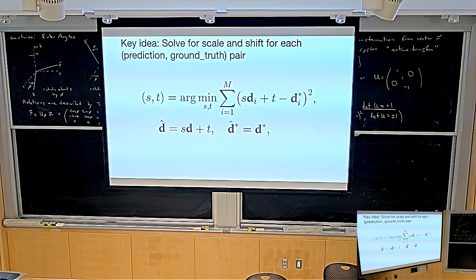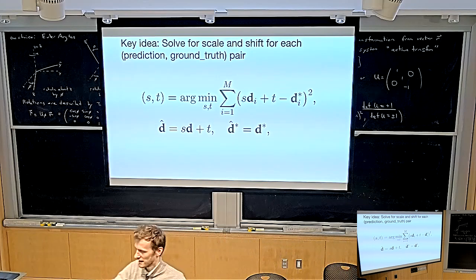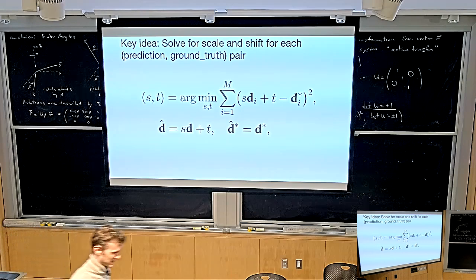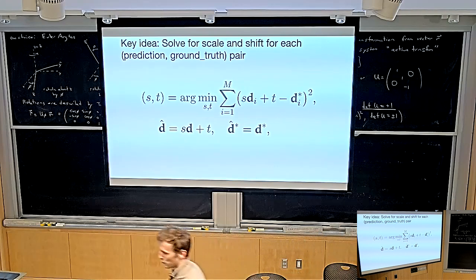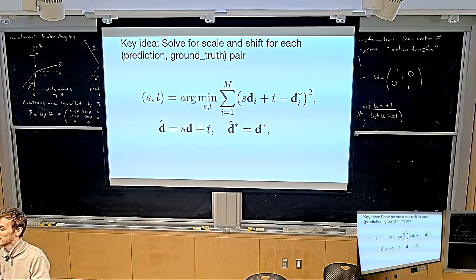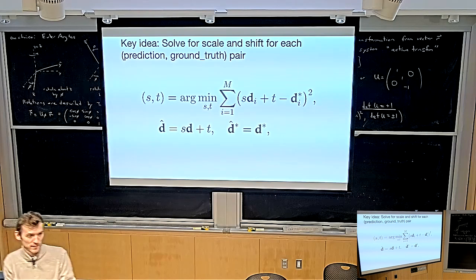But you don't actually know what that scale and shift is. Make sense? So you're acting like you're part of your network. Yes, exactly. So you're just solving for s and t, and then we're going to scale the output of the network like this, and then we're just going to forget this ever existed. In this way, the network only gets the gradients that basically tell it to get the correct relative depth pixel to pixel. So the network is actually predicting relative depth.